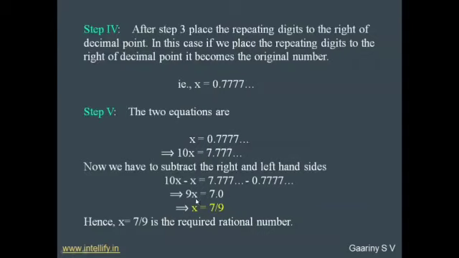So here you get 9x is equal to 7.0. So when you solve for x, x is equal to 7 by 9. So x equal to 7 by 9 is the required rational number. So we represented 0.777 etc. in the form p by q, that is 7 by 9.